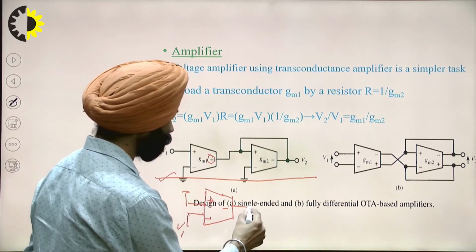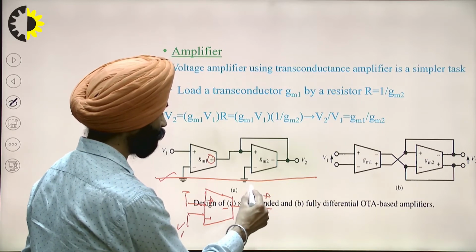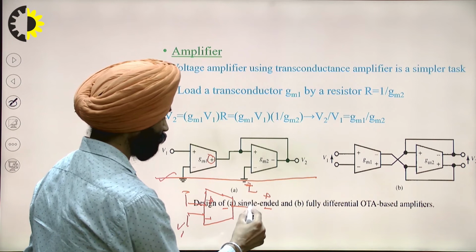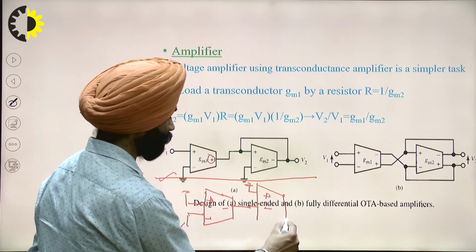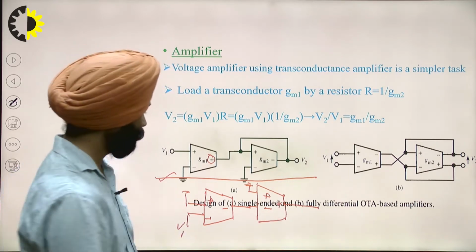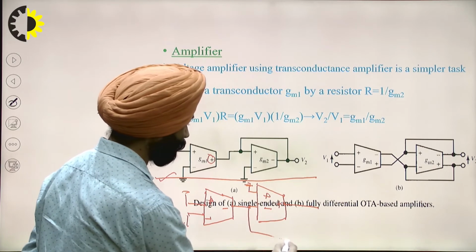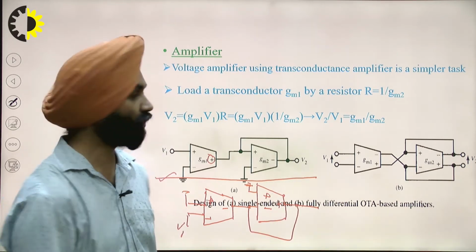Then this will be given to the negative, and positive will be grounded. So it is given to the negative, and positive will be here, and there will be a feedback to make it a resistance, load resistance R.